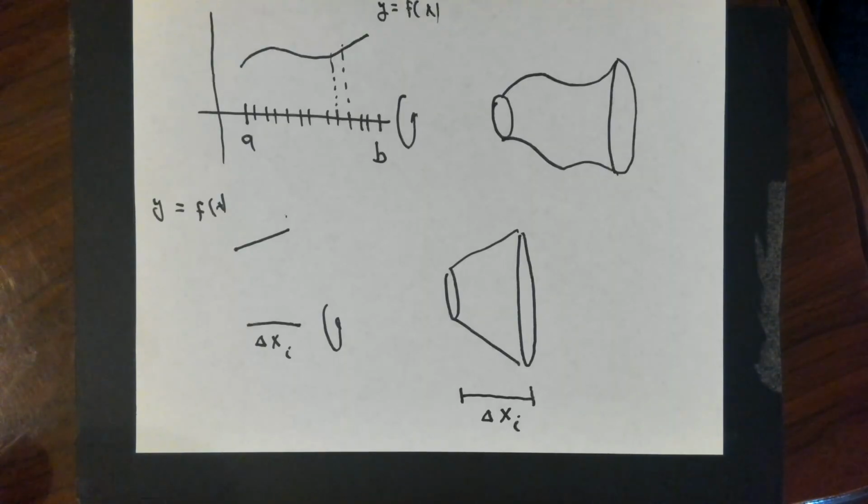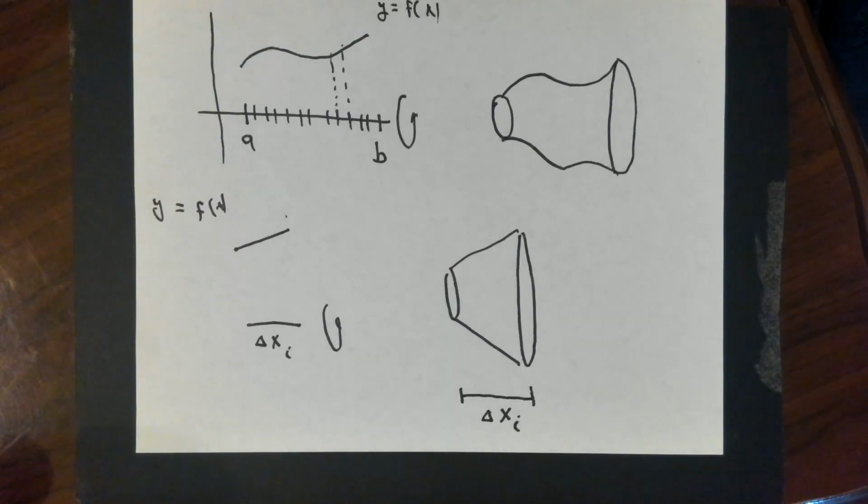If I make the pieces small enough, the curve looks more or less like a straight line, so when I revolve it around the x-axis, I end up with a shape of the type we were just looking at, with the horizontal distance delta x number I. I know the area that goes with this is 2 pi times a radius, we'll have to speak about the radius in a moment, times the amount of length along the edge here.